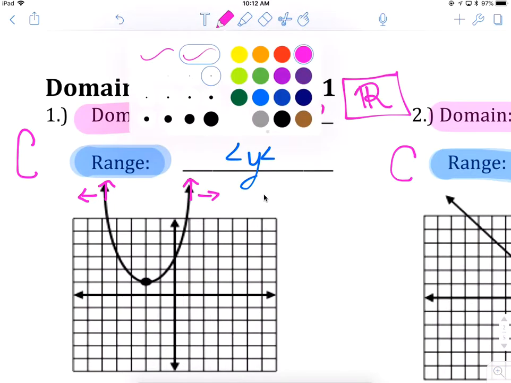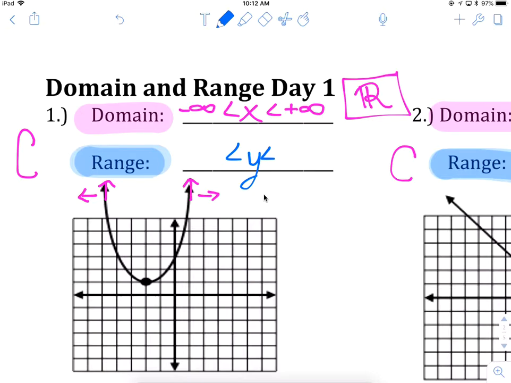Let's talk about the Y's. On the Y's, we're talking about how far down I can go and how far up I can go. So if I'm talking about my Y's and I'm saying how far down can I go, I never get down here in this zone. I never get to the negatives. The lowest Y that I ever use, the lowest point, is right here. What Y number am I hitting?